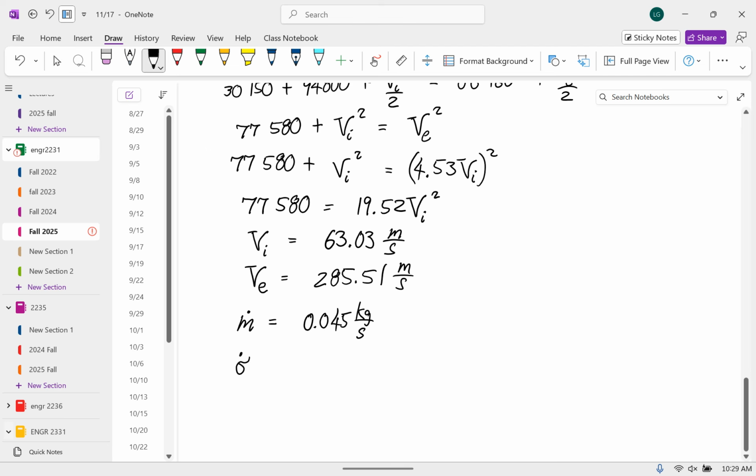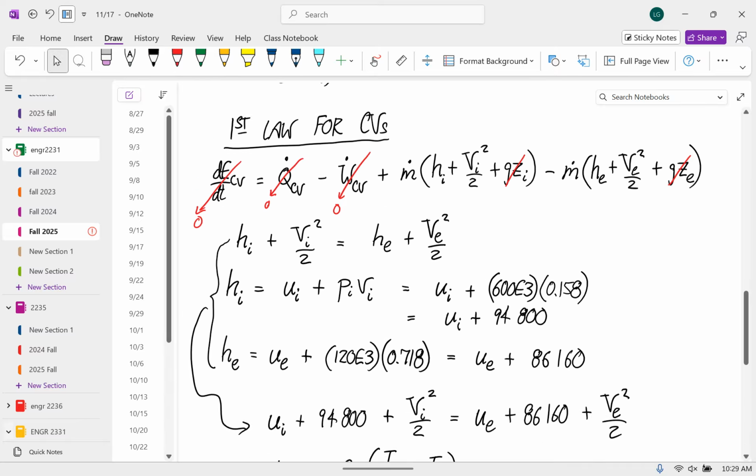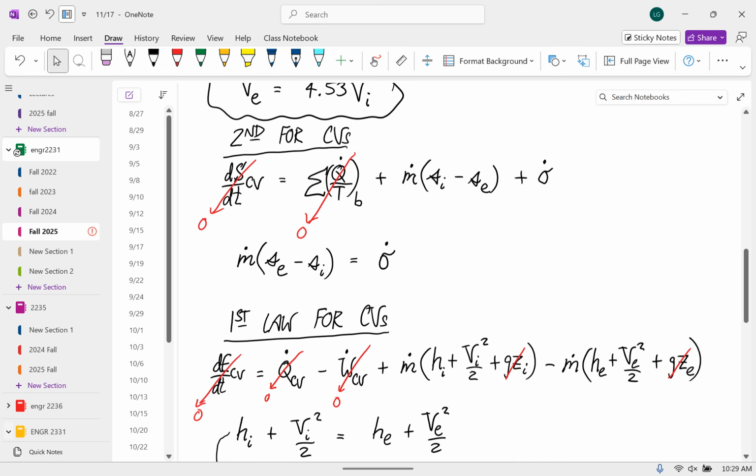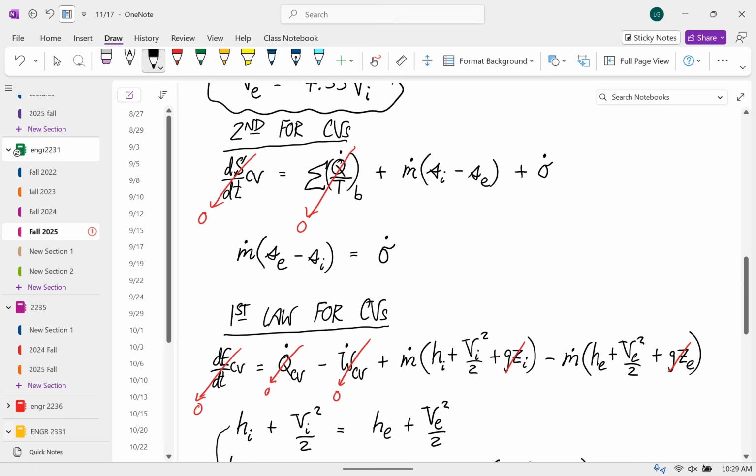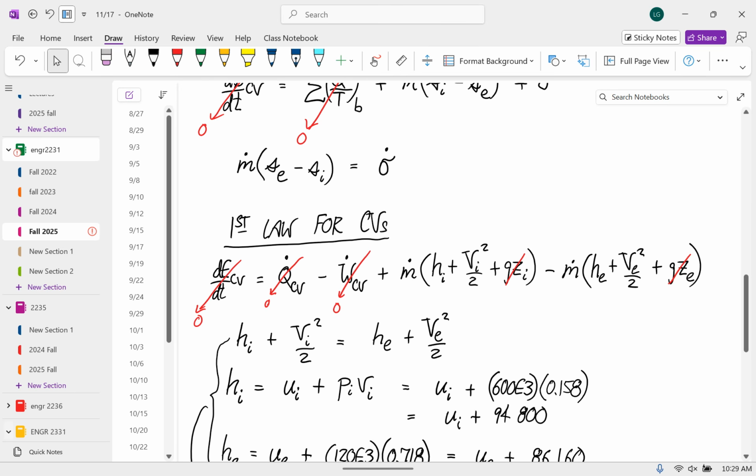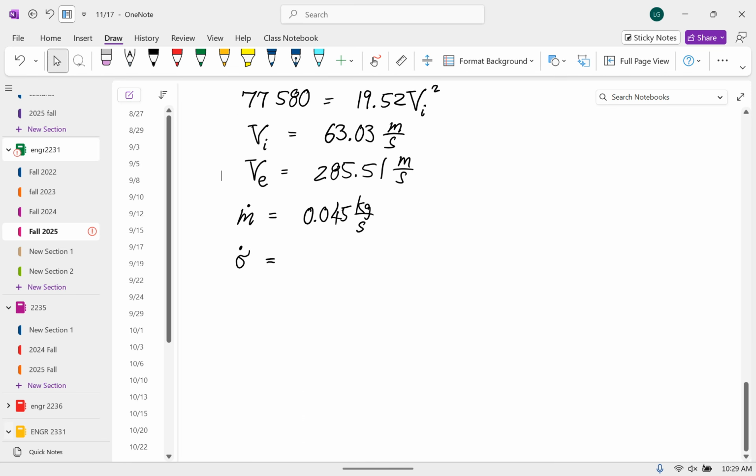And then we finally have this equation here. So we can calculate sigma dot, which is equal to m dot times the quantity S exit minus S inlet.